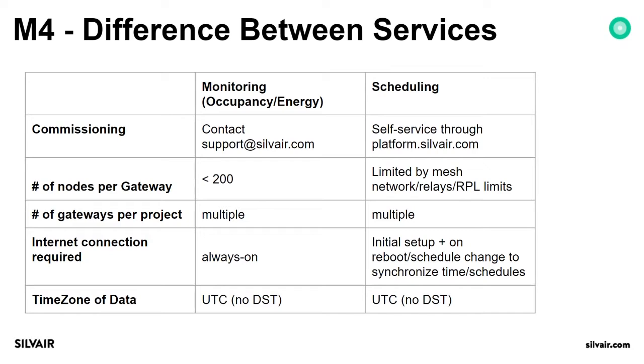Scheduling is limited by mesh network health, I would say, the number of relays, and of course, replay protection limits. This was covered in the previous module. Basically, what it means is the more condensed the network is, the less efficient it is.